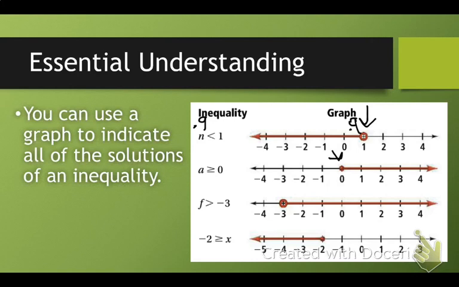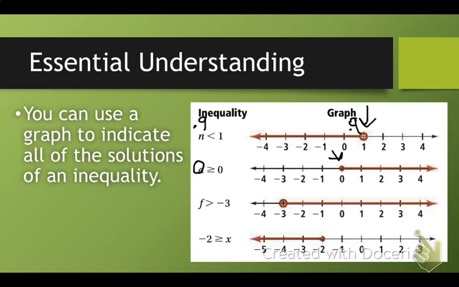Whereas in the second one, when we have a closed circle, what that indicates is that that value can be a solution. So I can plug a 0 in for a, and 0 is greater than or equal to 0. It is equal, so that is a solution.